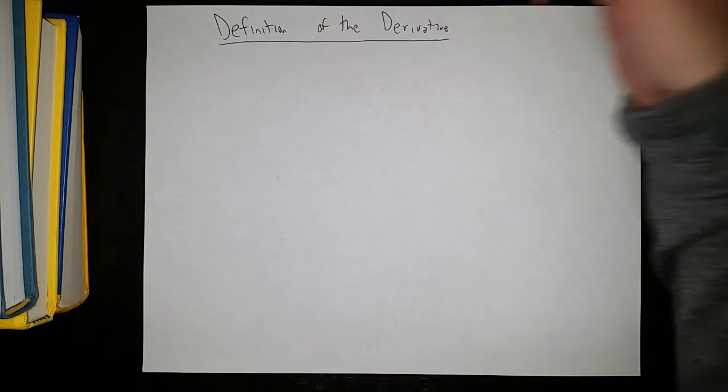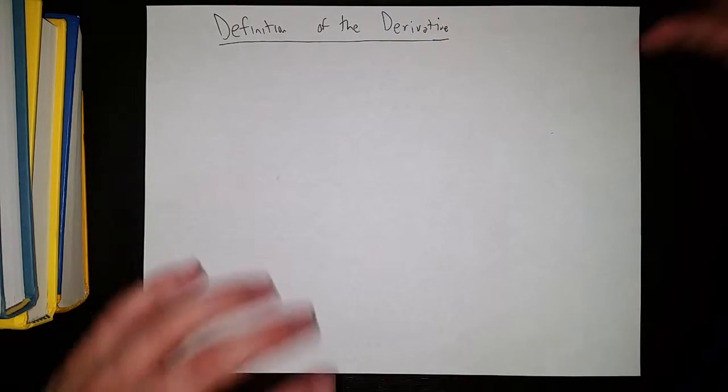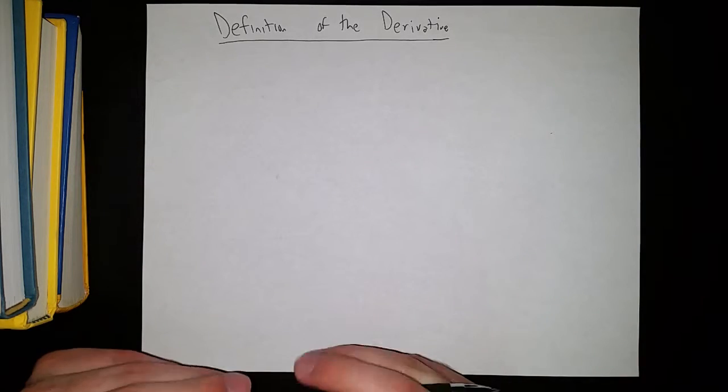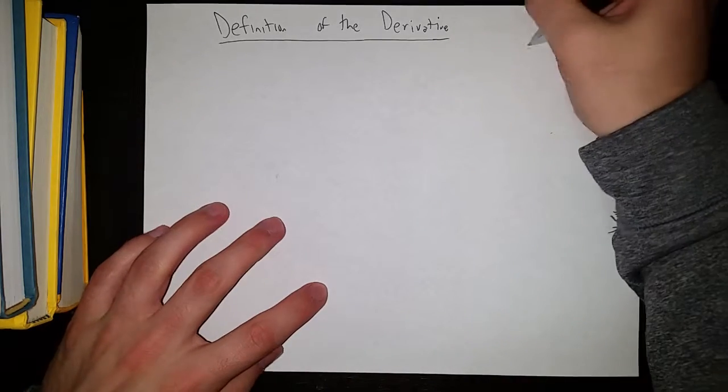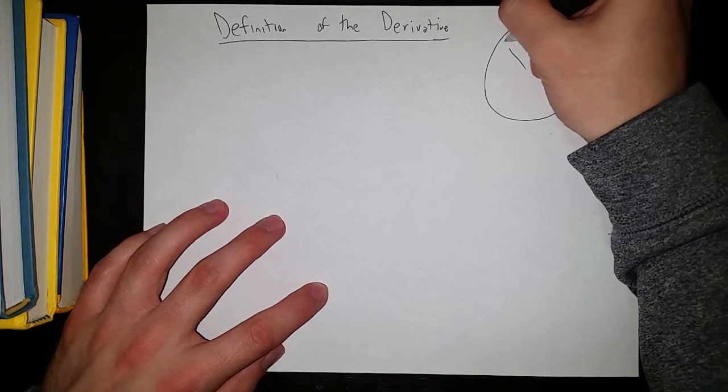And so we need to have the concept of the derivative to be able to compute the instantaneous rate of change of an object. You can think about the derivative as essentially like the car's speedometer.